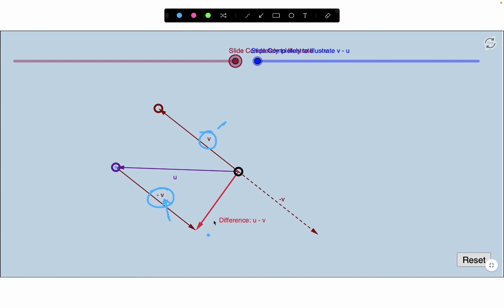When you are traversing to this terminal point through u and minus v, you draw a new vector here which reaches the same terminal point. I can call it u minus v, and that's it.